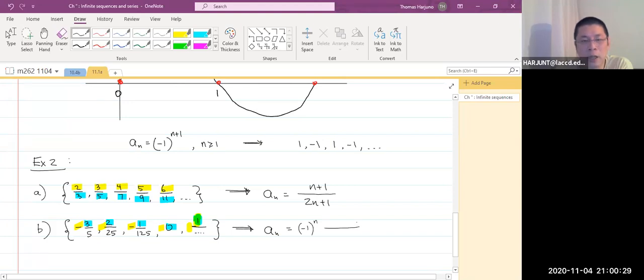Okay, and then the slope here on the top, you start from 3, going down one by one. So it must be y equals negative x plus something. When x equals 1, that's 3. So it is 4 minus x. So this is 4 minus n.